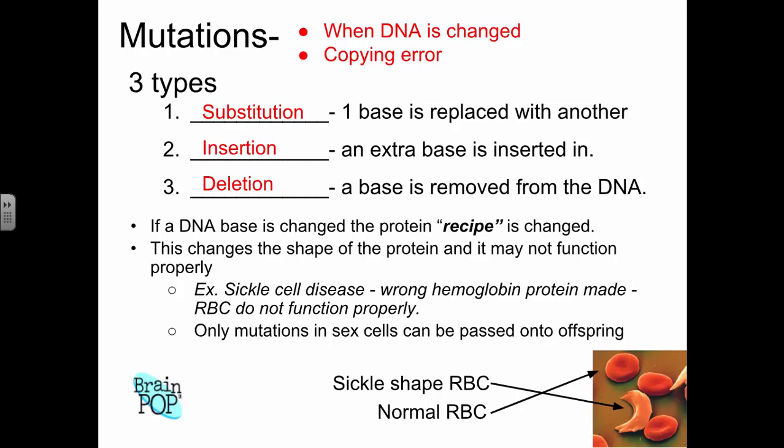And if one of these letters gets switched, the hemoglobin is not produced properly, and the blood cells take on this strange shape, and they don't carry enough oxygen. And they clog up blood vessels, it leads to painful inflammation, it can lead to early death in a person that has this mutation.